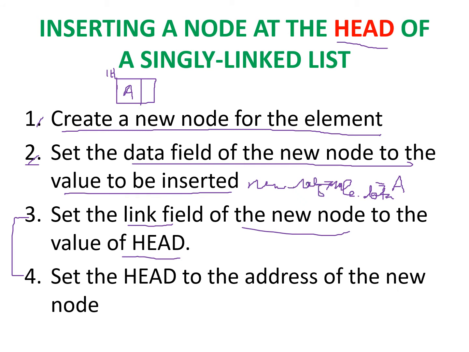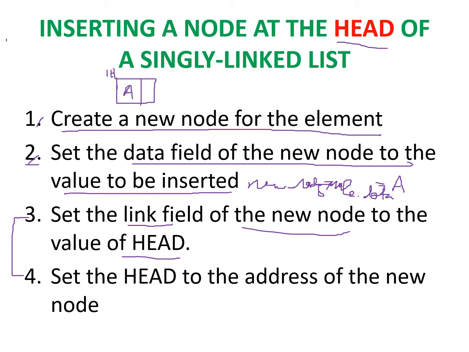Okay, ganun lang po siya. Okay? And then, you're going to set the link field of the new node to the value of the head. Now, since we don't have an existing linked list, initially the value of our head, or the address of our head, is null.